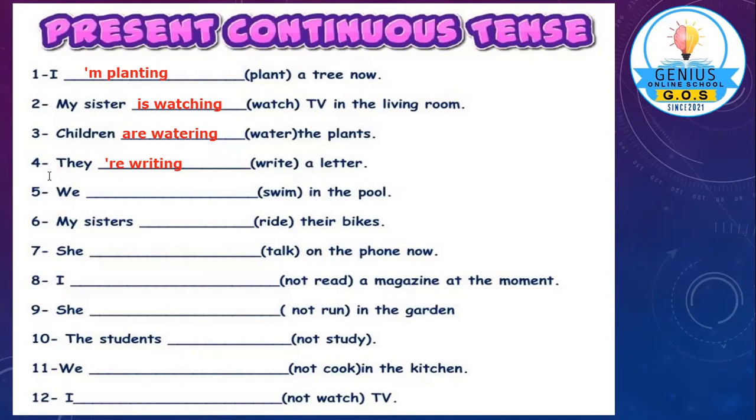Raf, number 5. Okay, teacher. Number 5. We are swimming. Excellent. We're, in the contraction form, swimming.